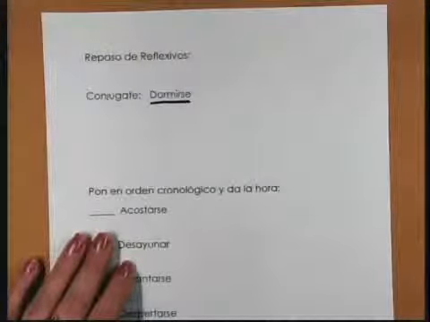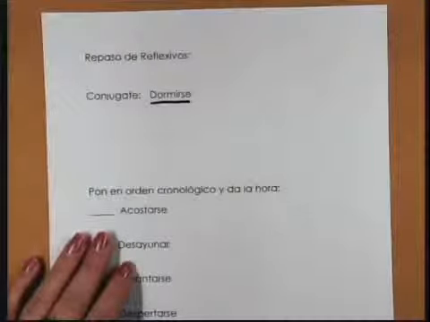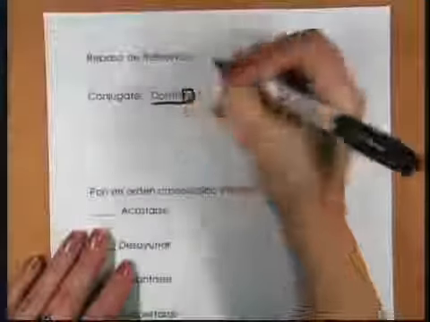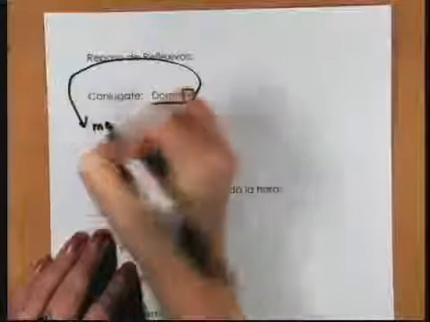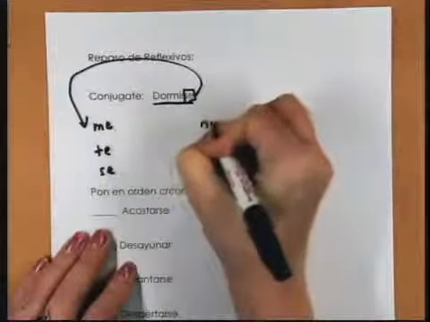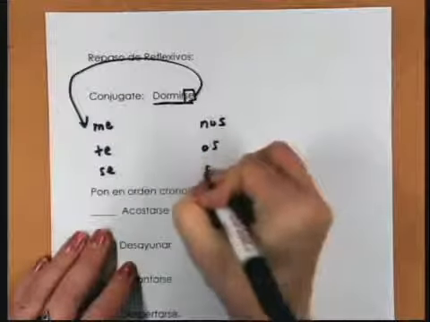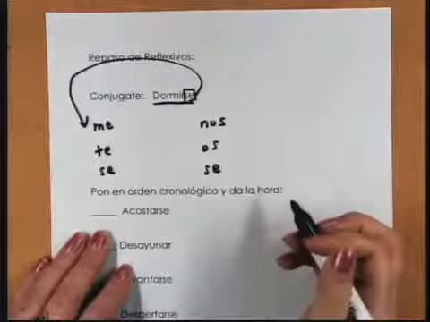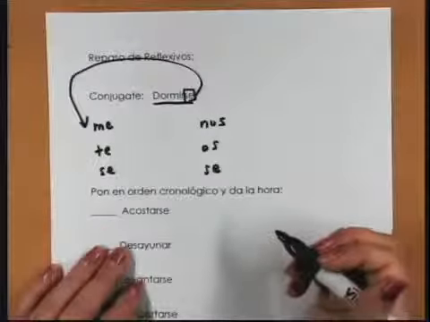What does that mean? Dormirse quiere decir to fall asleep, to actually fall asleep. So you take off the se and it comes to the front to become me, te, se, nos, os, se. Then you're left with an IR verb, dormir, which happens to also be a stem changing verb, O-T-U-E.